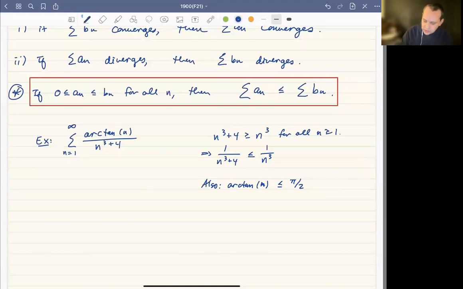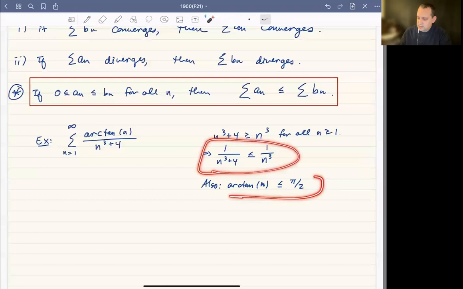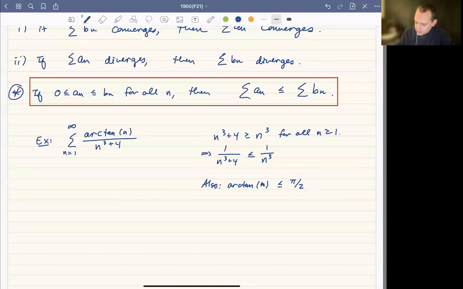Therefore, we can put these two inequalities together. We look at arctan of n over n cubed plus 4, which is equal to arctan of n times the quantity 1 over n cubed plus 4.